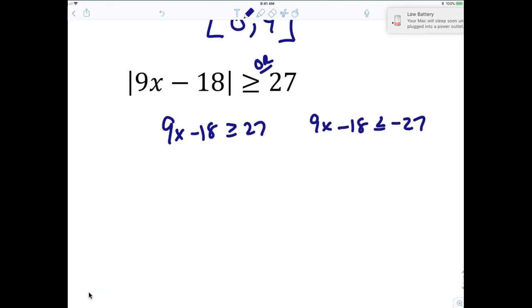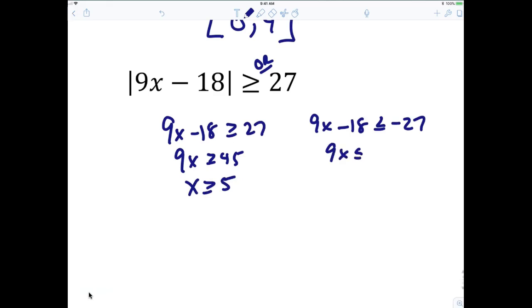And now, when you solve that out, you end up with 9x is greater than or equal to 45, so x is greater than or equal to 5, and over here, 9x is less than or equal to negative 9, so x is less than or equal to negative 1.